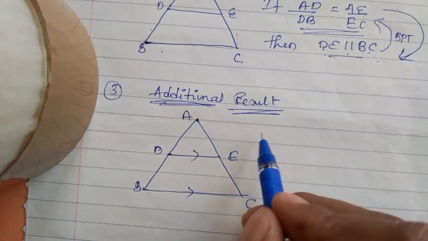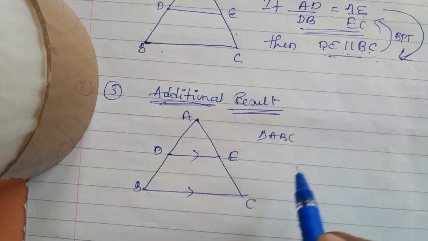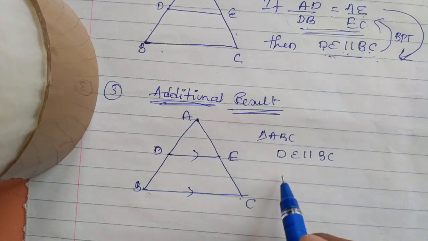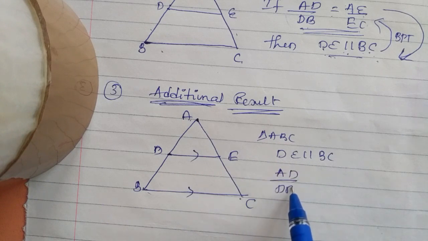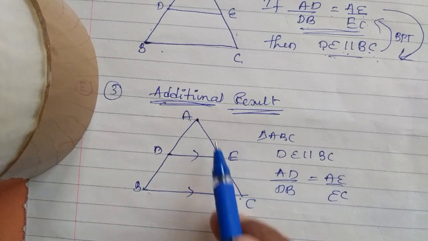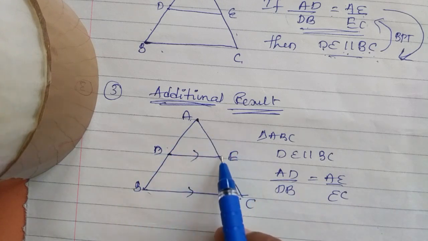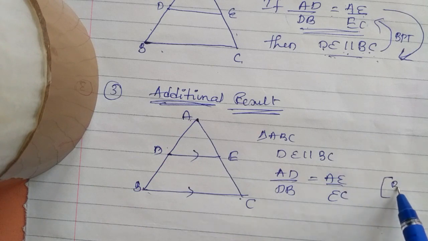In triangle ABC, DE parallel to BC is given, then AD by DB is equal to AE by EC. That is because of BPT.